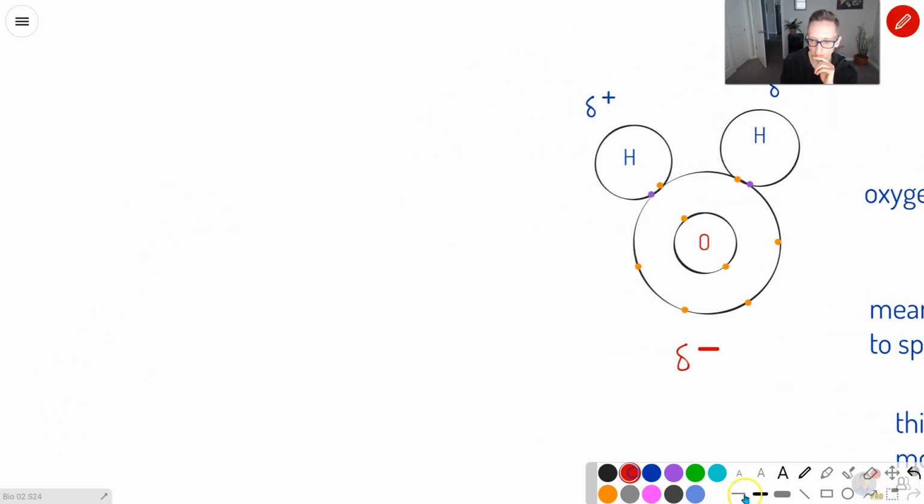We'll draw them as little simple spheres. So I've got my little water molecule looking like that, and then I got another one, looking like this.